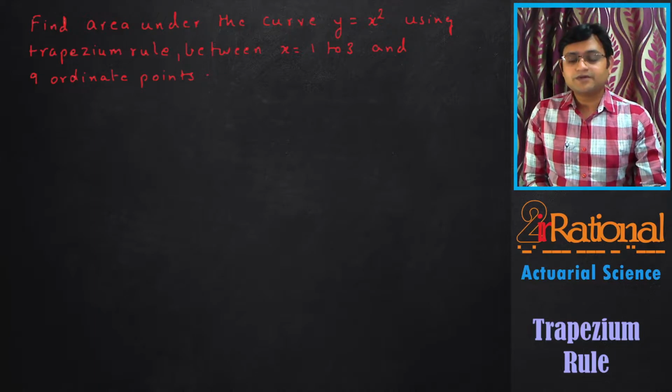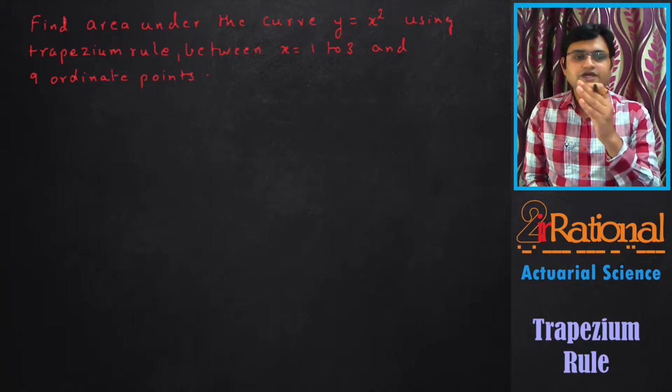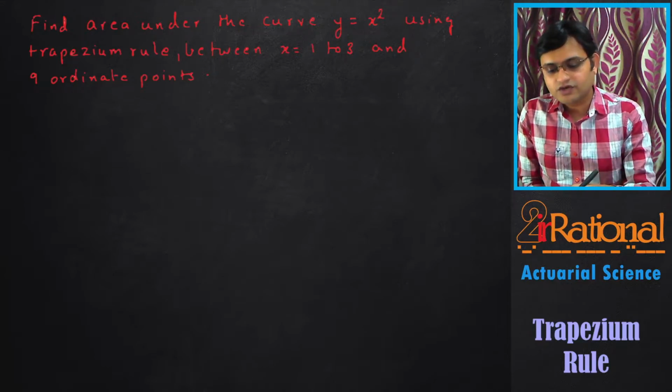Let's take an example. Find area under the curve y = x² using trapezium rule between x = 1 to 3 and 9 ordinate points. So we are assuming that we will be making 9 ordinate points, that means 8 divisions or 8 trapeziums in this curve.